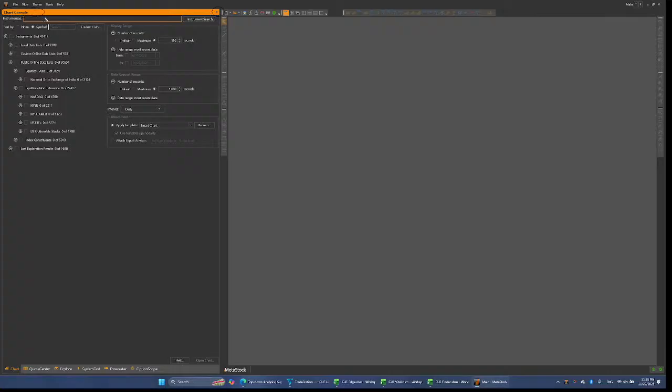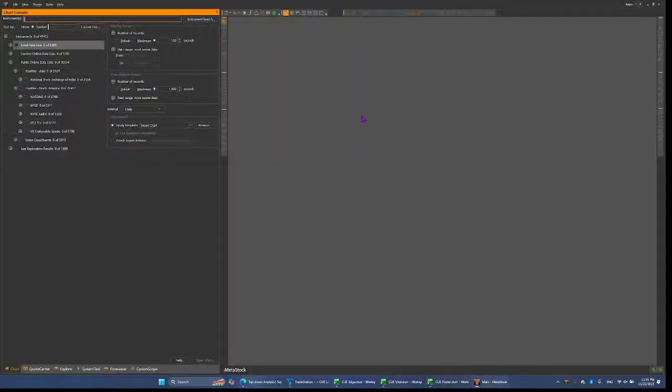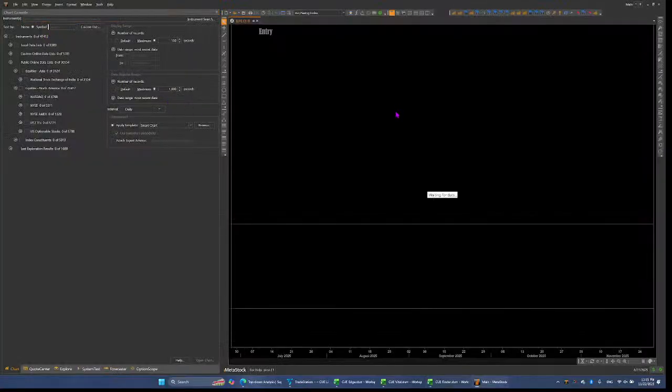You see the chart console here. I pin the chart console. I put my cursor here. If I do that, if I open a stock, it will open in the chart panel.